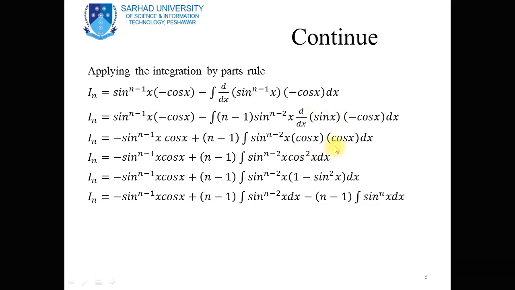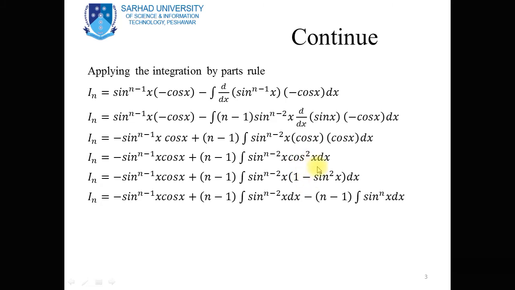Now, minus sine x power n minus 1 cos x, and n minus 1 is a constant, and the integration of sine x power n minus 2 times cos x and cos x. Now, cos x multiplied by cos x is cos square x. So, we can write minus sine x power n minus 1 cos x plus n minus 1 into integration of sine x power n minus 2 into cos square x. We can write cos square x as 1 minus sine square x, because by the trigonometric identity cos square plus sine square is equal to 1.